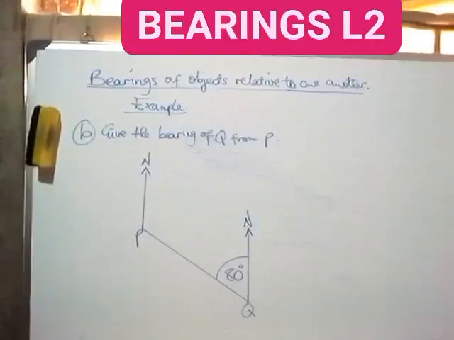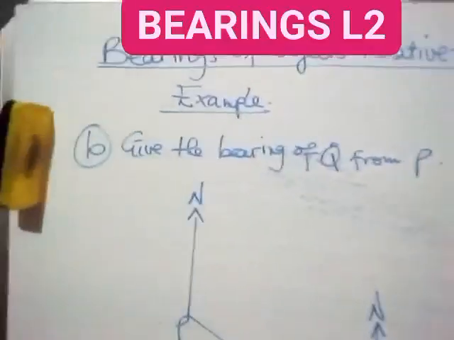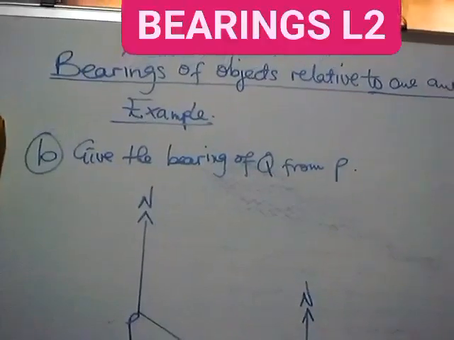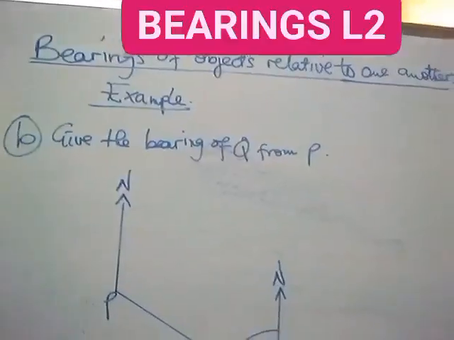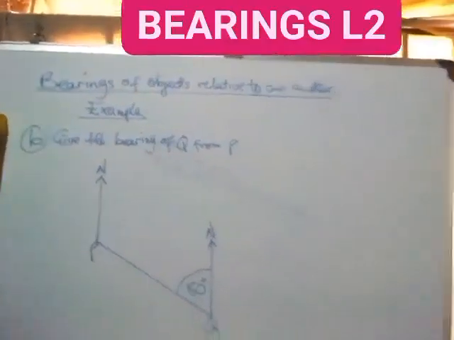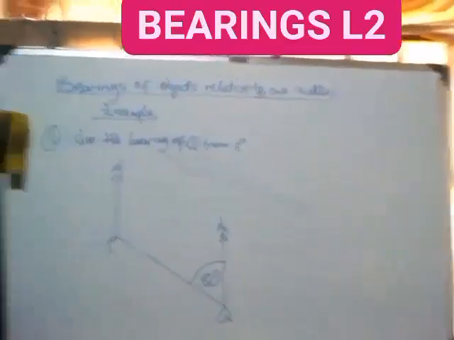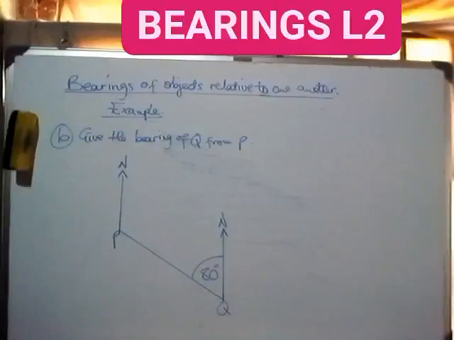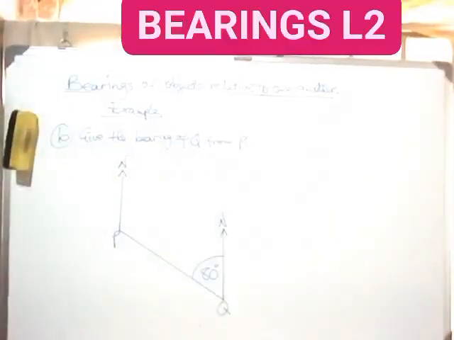So this is example B, which says, give the bearing of Q from P. The issue is from P.